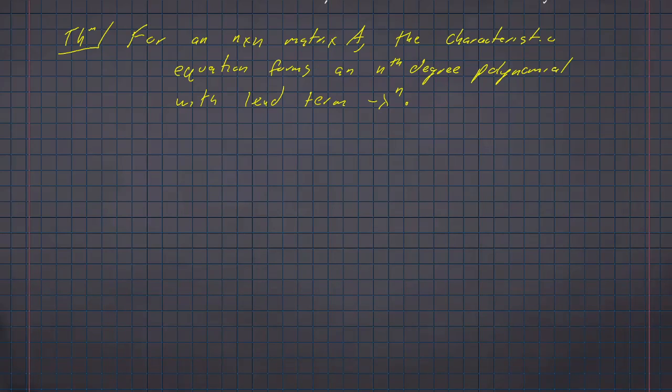For an n by n matrix A, the characteristic equation forms an nth degree polynomial whose lead term is negative lambda to the nth power.